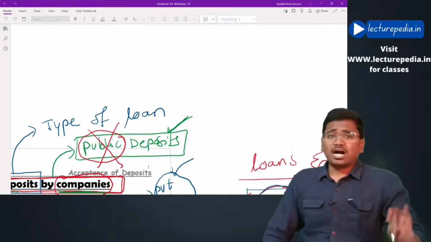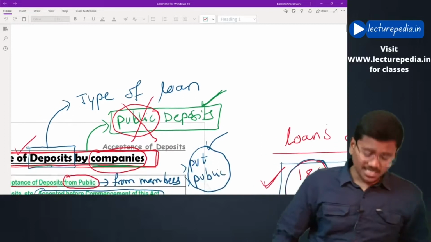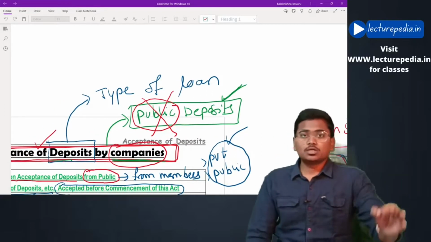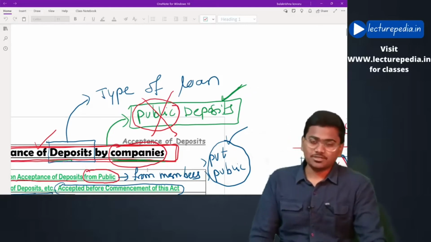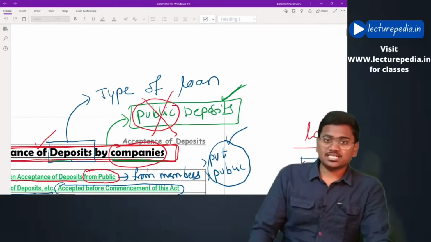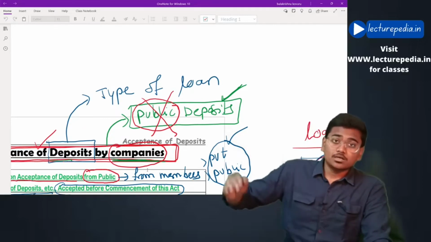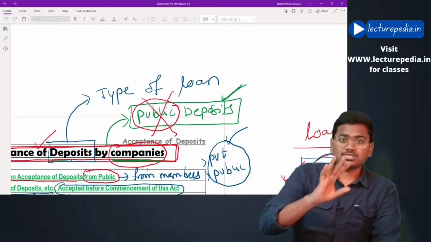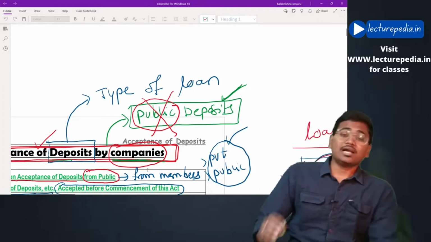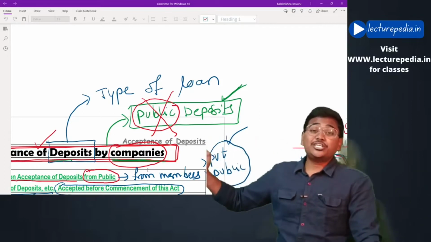Okay, after that, what should you do? Yeah, DRR. You need to maintain deposit repayment reserve, and at least 20% of the amount of deposits that are going to be matured in the coming year has to be deposited into this DRR account, and that account must be maintained in a separate scheduled bank.